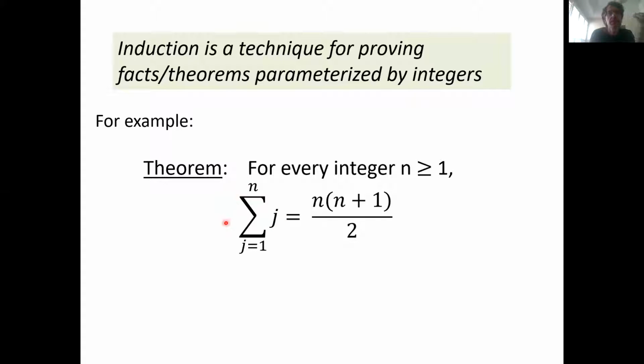The question is, what's the summation over such a sequence up to n? The claim is that the closed form for this summation is this right-hand side. We had it last week, but we didn't prove it. We just claimed it.